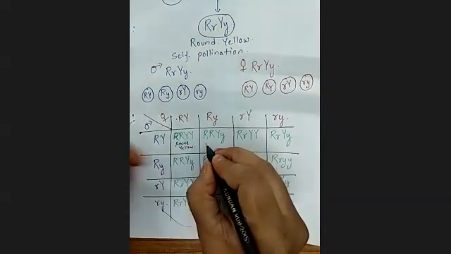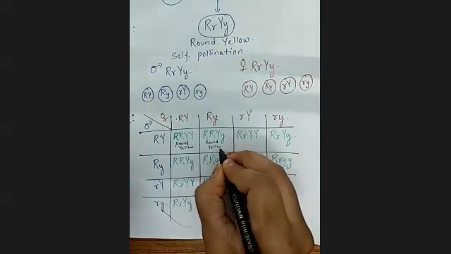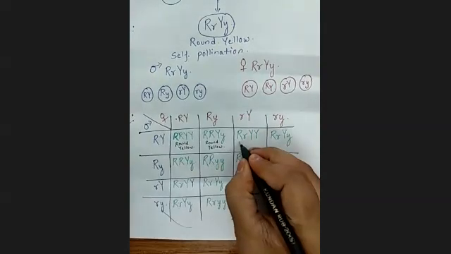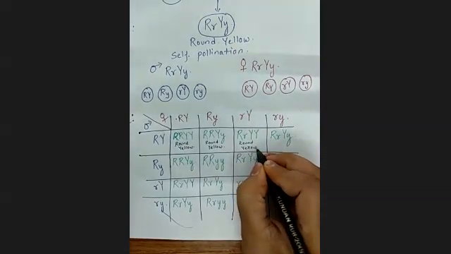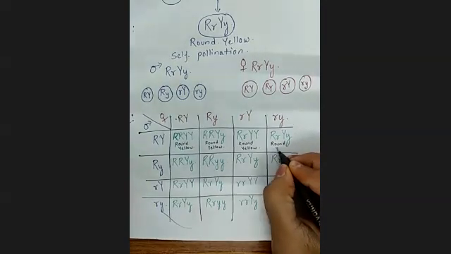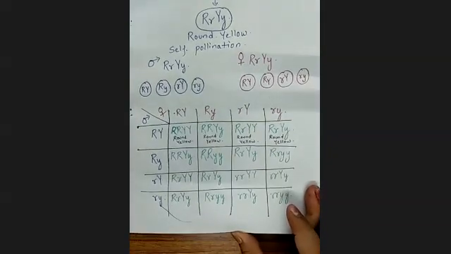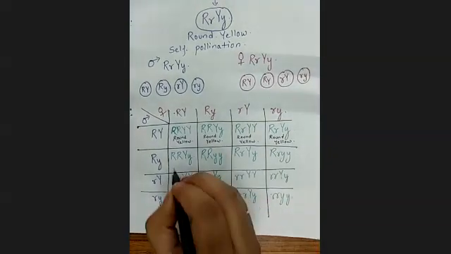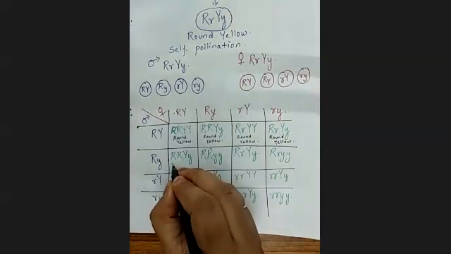Here also he got round yellow. Here round yellow. Here also round yellow. Okay, fine. Similarly, proceed. How many round yellow can you spot?